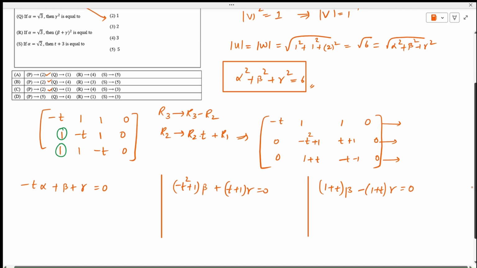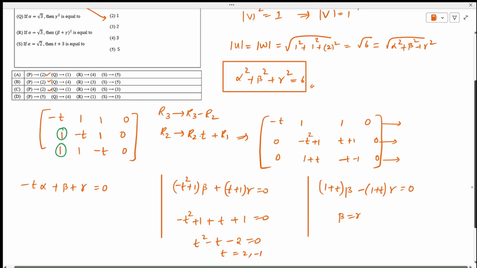Okay. So from this, if 1 plus t is not equal to 0, then beta is equal to gamma. If beta is equal to gamma, then here we'll get minus t square plus 1 plus t plus 1 equal to 0. That means t square minus t minus 2 is equal to 0. From this, t equal to 2 or minus 1.